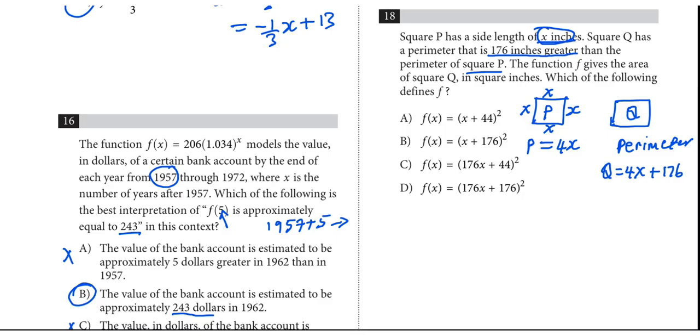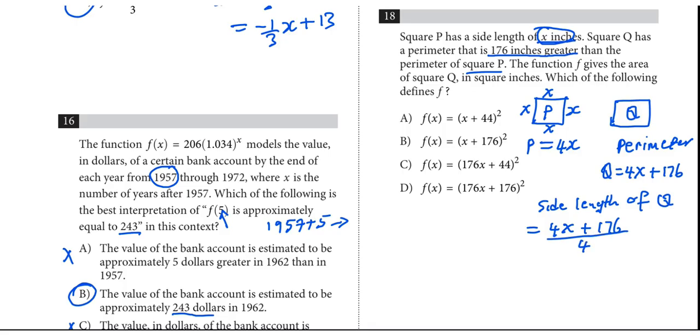All right, so if we have the perimeter of square Q, then we can find the side length of Q by simply dividing the perimeter by 4. So the side length of square Q is equal to 4x plus 176 divided by 4.